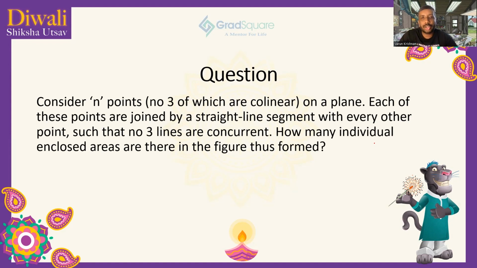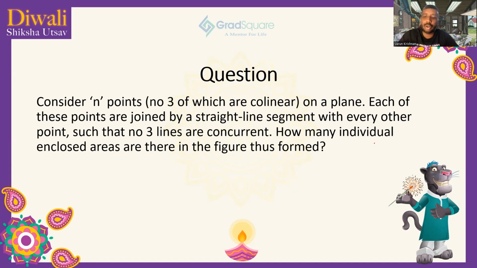And the straight lines which are formed by this operation, no 3 of them are concurrent. Concurrent means no 3 of them intersect at the same point, which means every pair of straight lines or line segments so formed will intersect at a distinct point. And we have to find out how many individual enclosed areas are there in the figure thus formed.